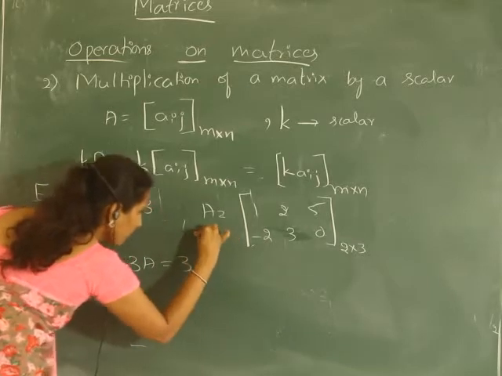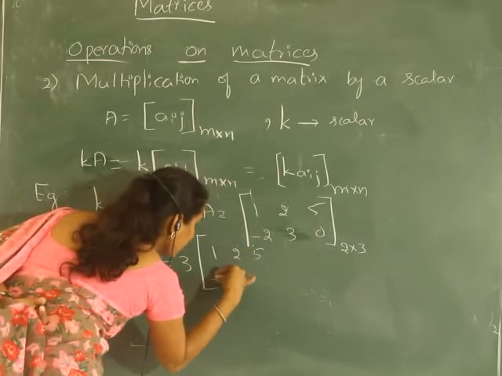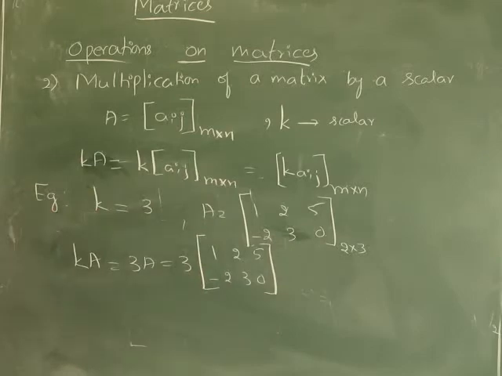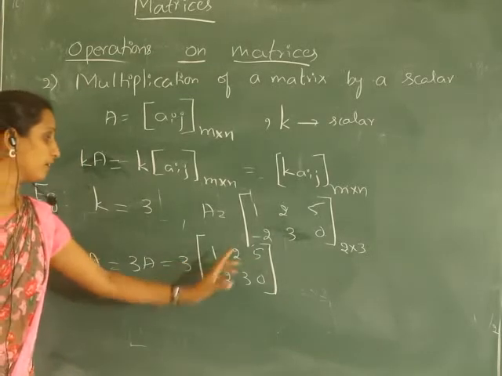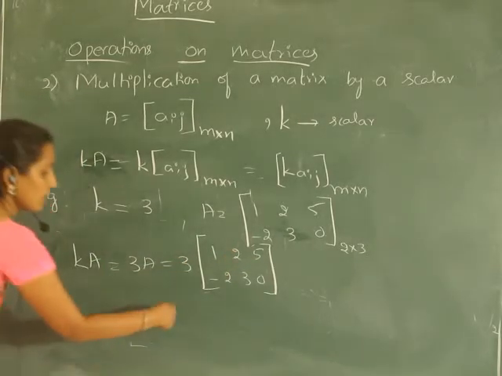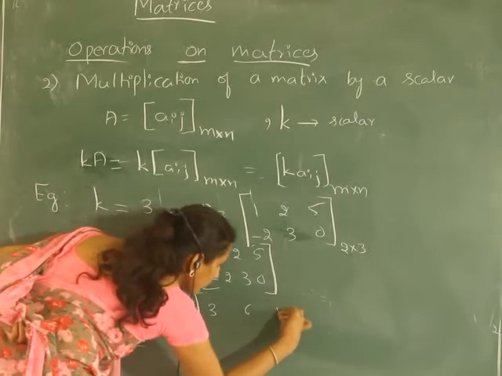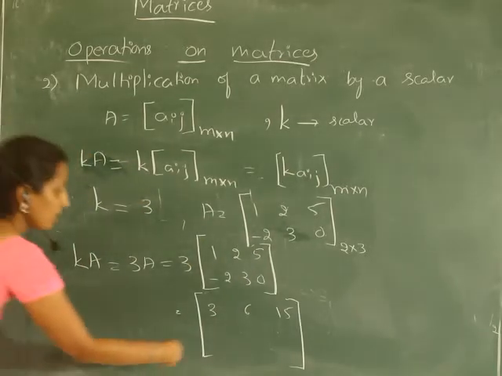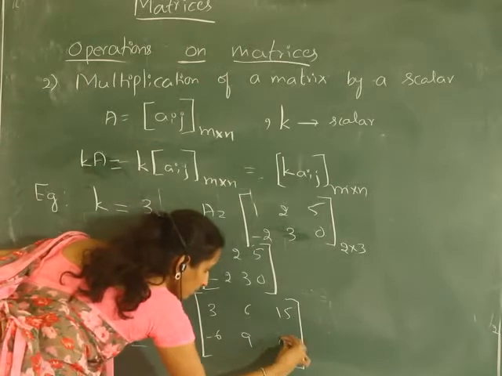3 into that matrix 1, 2, 5, minus 2, 3, 0. How to multiply? Each entry of the matrix is multiplied by the constant. So this is equal to 3, 6, 15, then minus 6, 9 and 0.